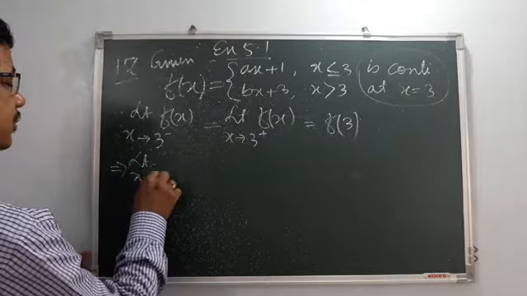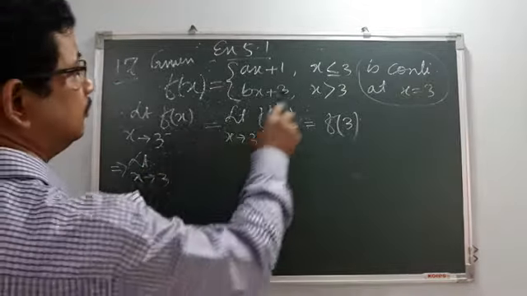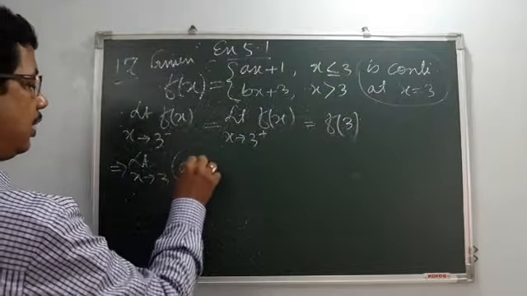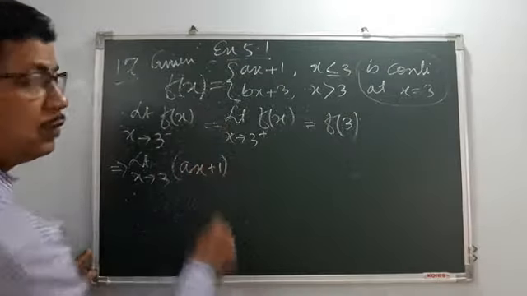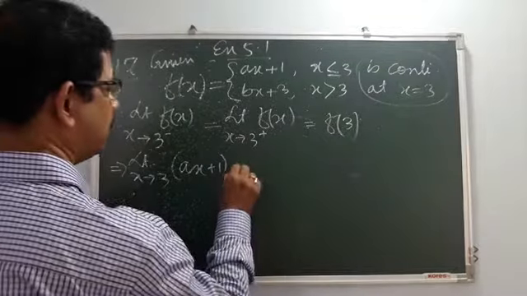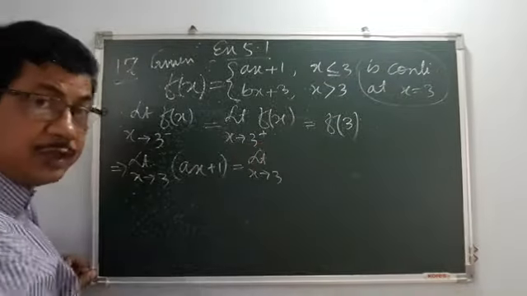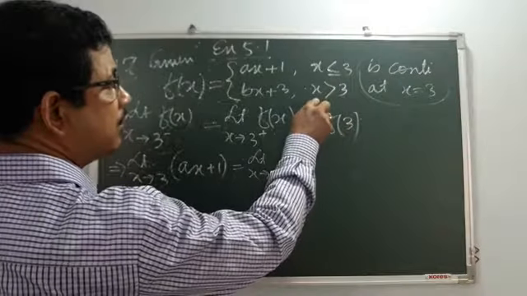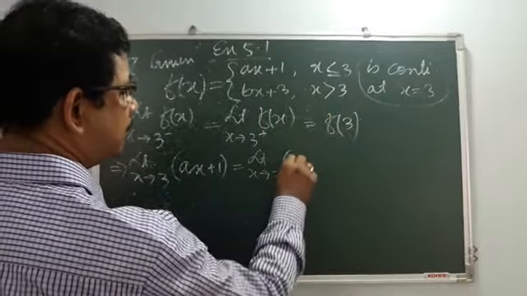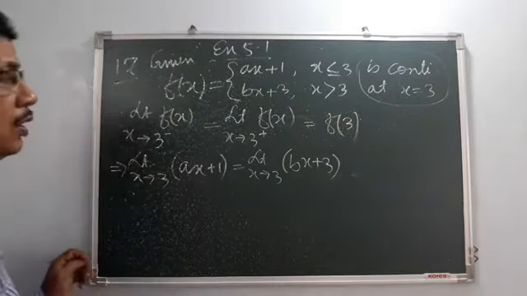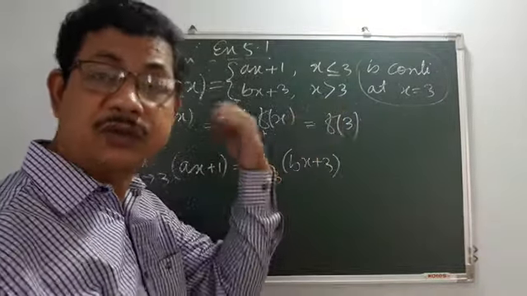When x is a little less than 3, this f(x) will be ax plus 1. Now 3 plus means a little bigger than 3, x is greater than 3, then it is bx plus 3. Now f(3) means x equal to 3.